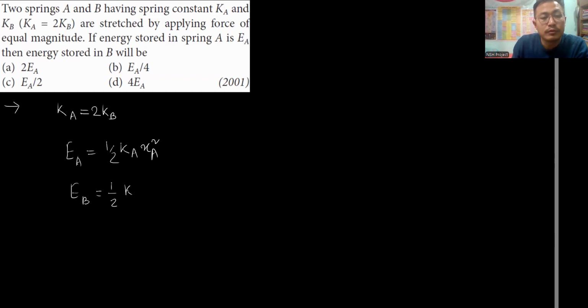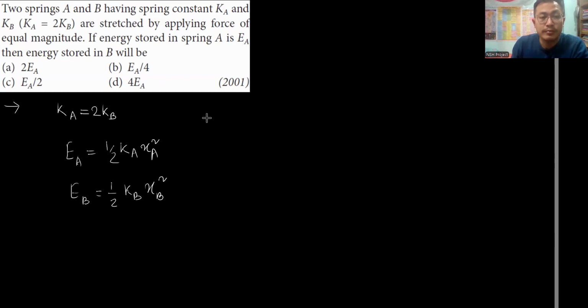If the energy stored in spring A is Ea, then Ea is equal to half Ka Xa square, and Eb is equal to half Kb Xb square. Then Eb by Ea is the ratio asked, so it's a very simple question.